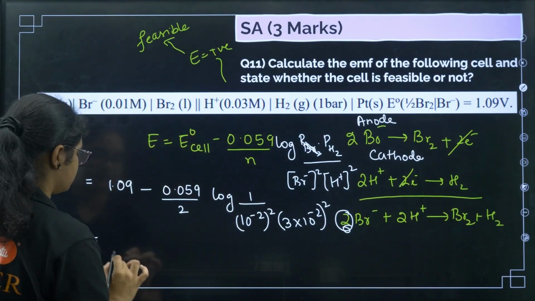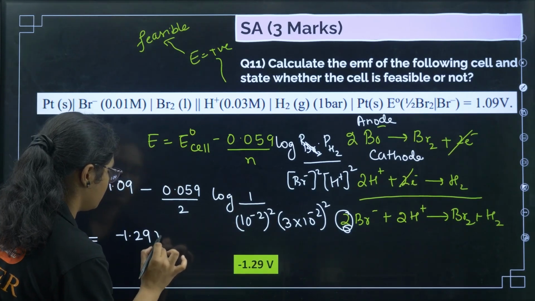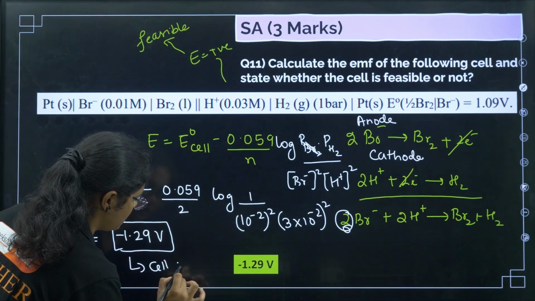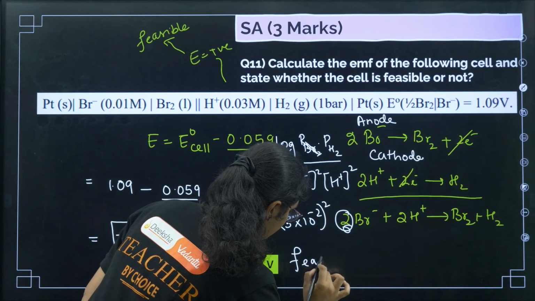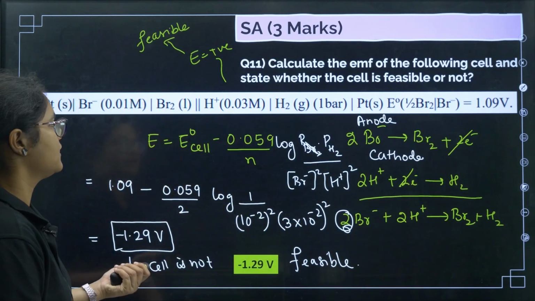Now if you solve this, you will get E value as minus 1.29. Since this is a negative value, you have to write the cell is not feasible.